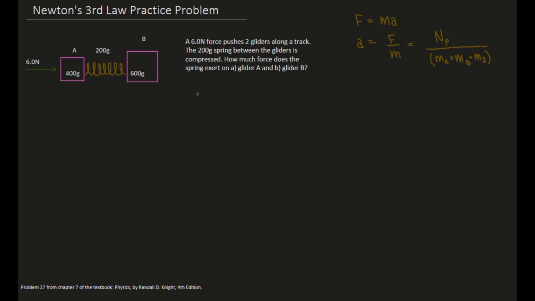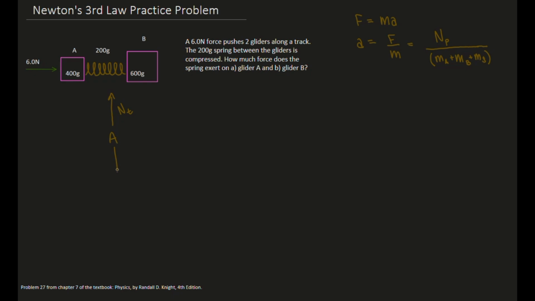gliders. For part A, we want to figure out how much is the spring force exerted on glider A. So we're going to look at the force diagram just on A. I have a vertical force from the ground, a normal force from the ground or the table, whatever it's sitting on, so we'll just call it T for table.